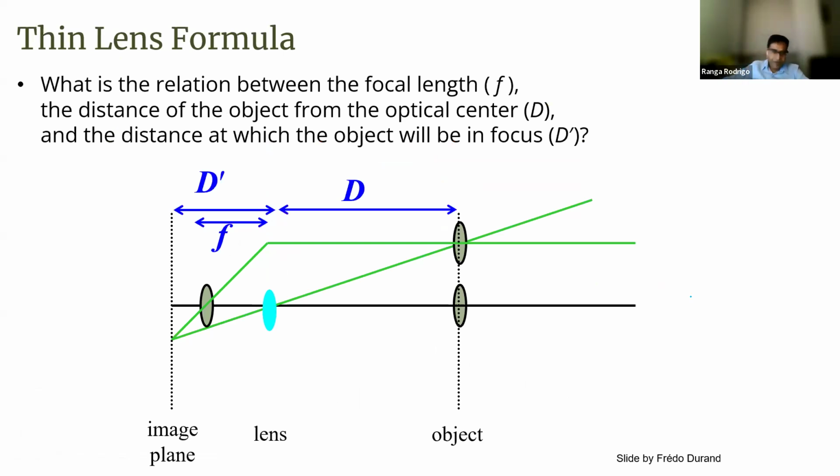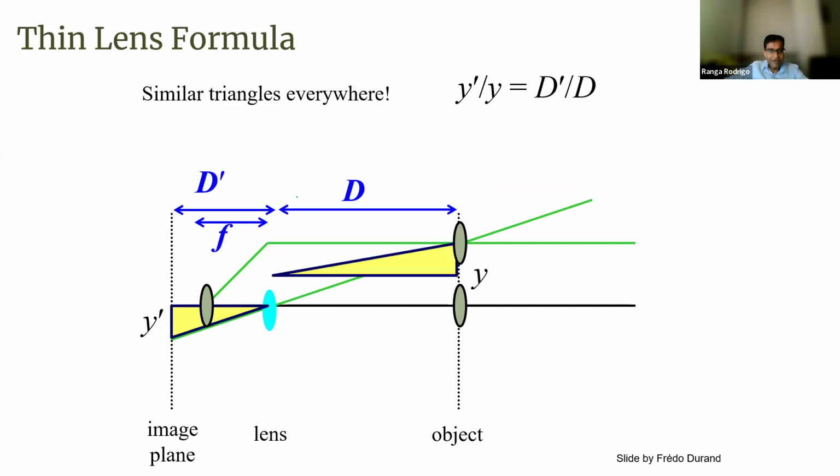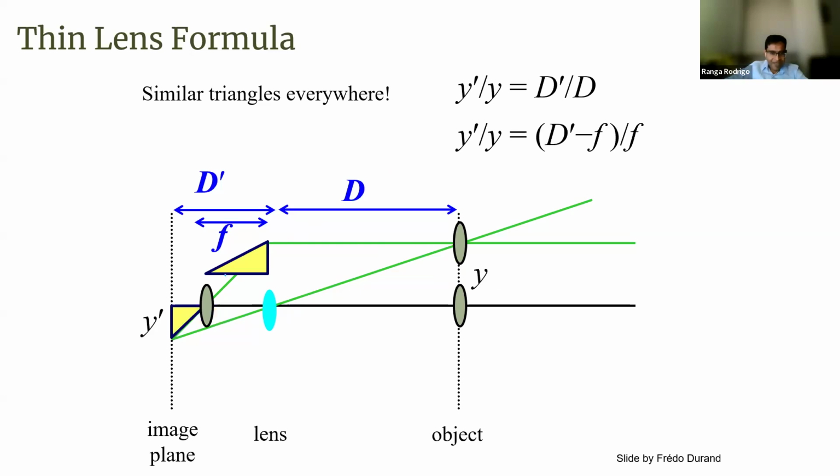Also, for the thin lens formula, there are so many similar triangles here. If you consider these two triangles, y prime is the height on the image, y is the actual height. y prime divided by y is equal to d prime divided by d. Then there's a similar triangle here also. y prime divided by y is equal to d prime minus f divided by f.